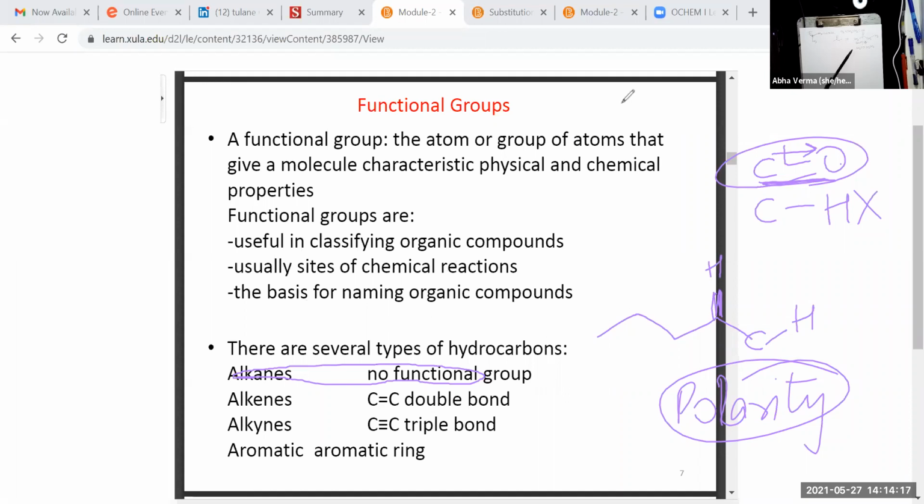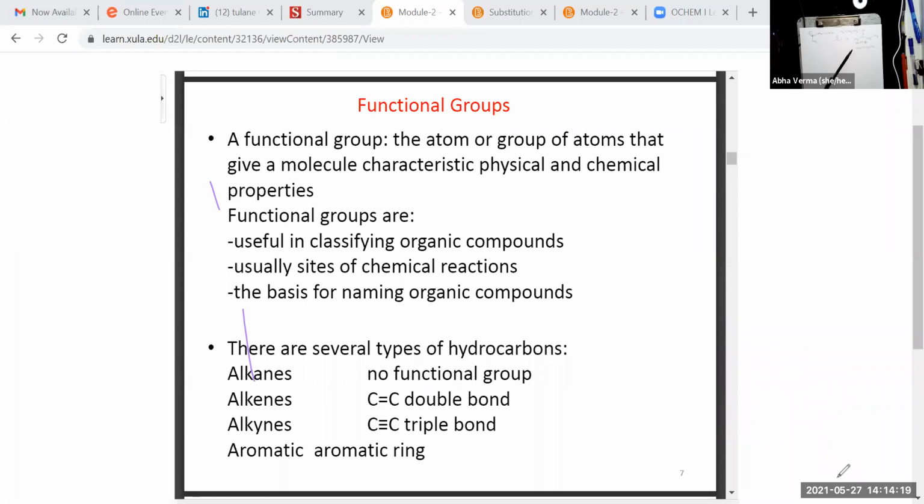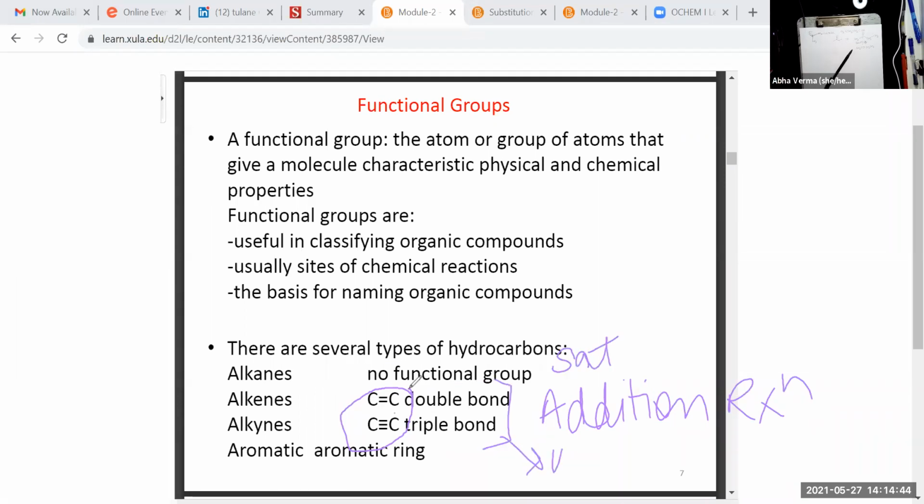So alkanes, which are the saturated versions of all the hydrocarbons, are not considered functional groups. Alkenes have double bonds, alkynes have triple bonds. What do they help us in? These help us in addition reactions. Saturated, unsaturated. What does that mean, unsaturated? Something can be added to them so that they also become saturated, right?